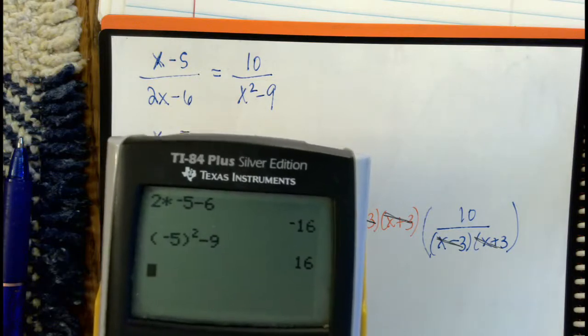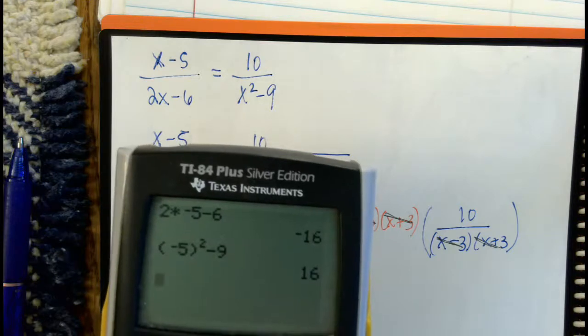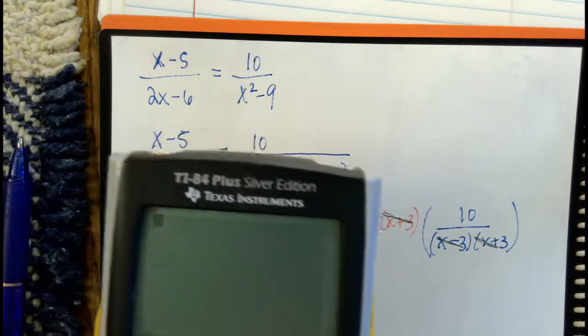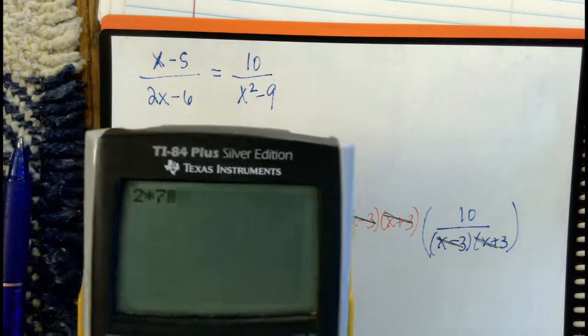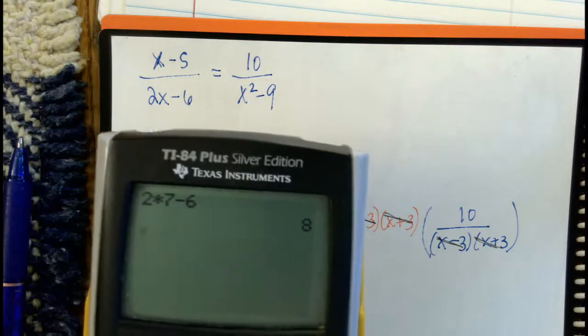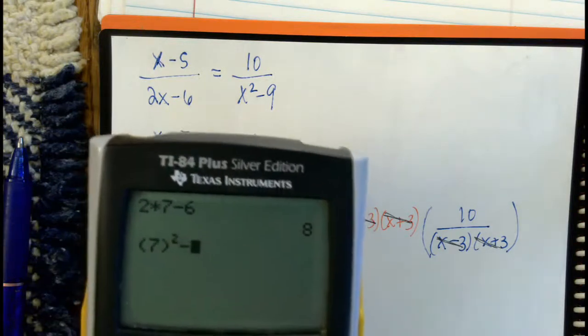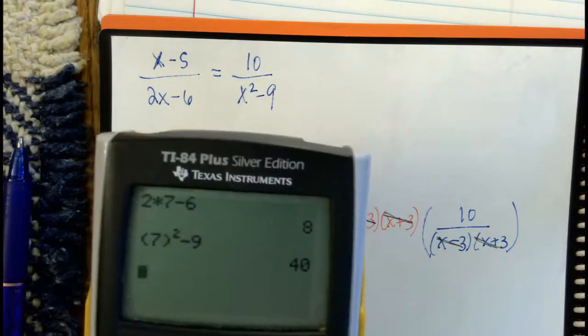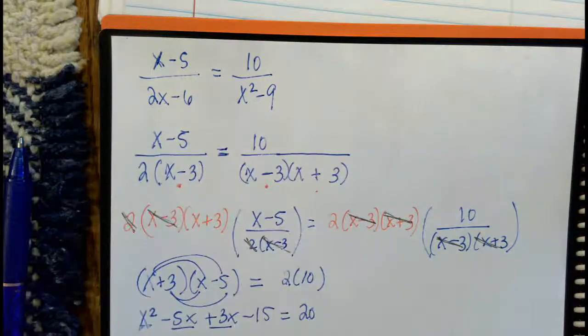That's okay. The issue is, do we get a 0 in the denominator? So negative 5 was one of our answers. We're going to do the same thing with 7. 2 times 7 minus 6 gives us 8. And then 7 squared minus 9 gives us 40. Again, neither one of those answers is 0.